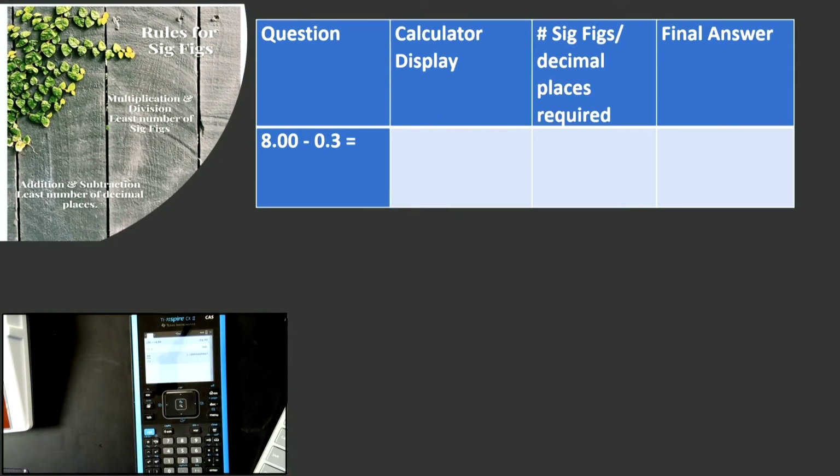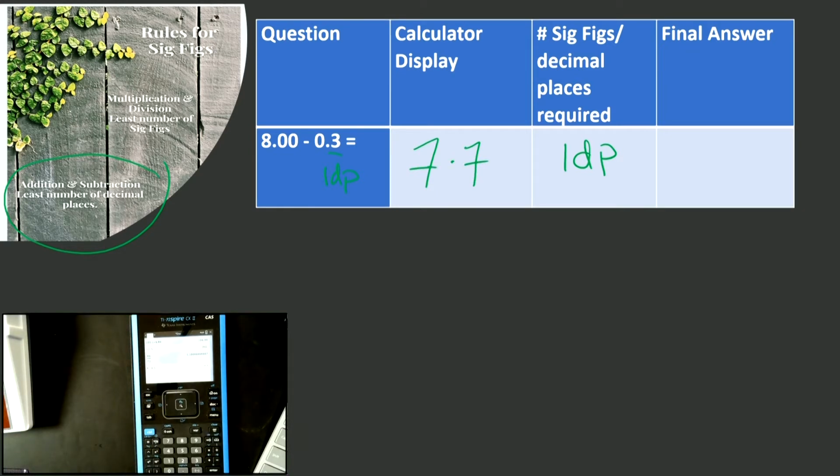So for this next one, I have 8.00 minus 0.3. This is going to be the least number of decimal places, so that's going to be this one. There is 1 decimal place, so my final answer can only have 1 decimal place. Let's get this in the calculator. 8.00 minus 0.3. Might need a calculator for that, but we get 7.7.